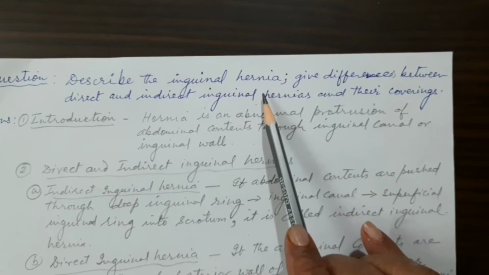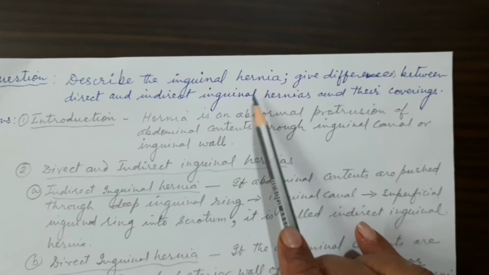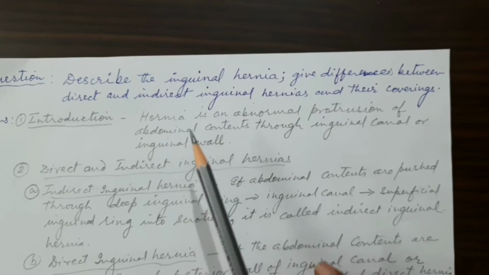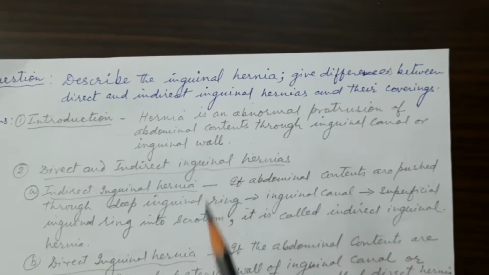Describe the inguinal hernia. And in this, let us come to the introduction. Hernia is an abnormal protrusion of abdominal contents. So this is the definition of hernia. And what is hernia? Hernia is an abnormal, not a normal, protrusion.